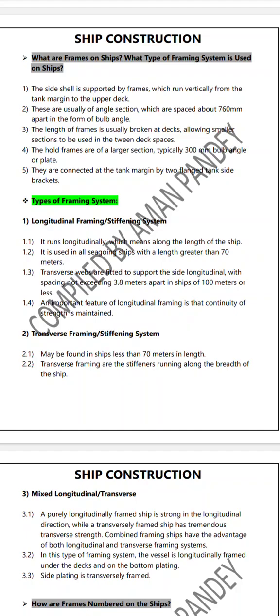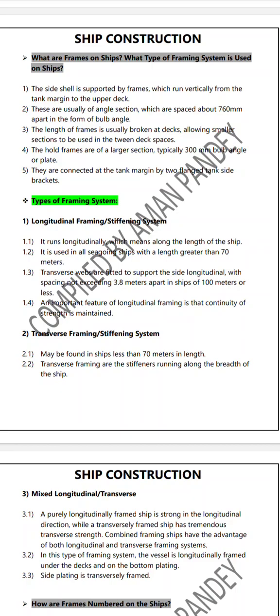They are normally 760 apart from each other, and are broken at the tween decks. The frames above the tween decks are thinner, and downward in the hold they are around 300 thick. This is the frame which we have.